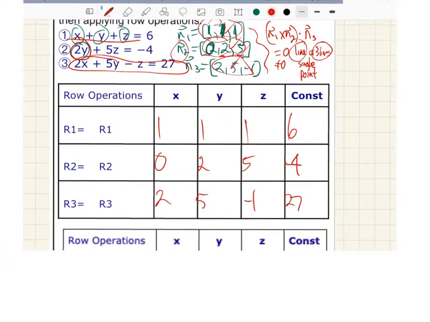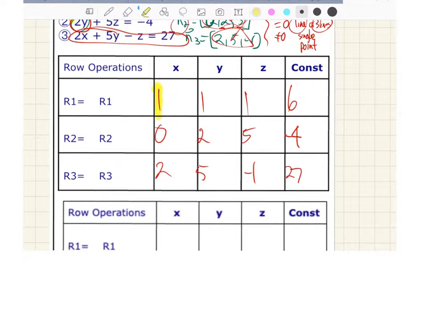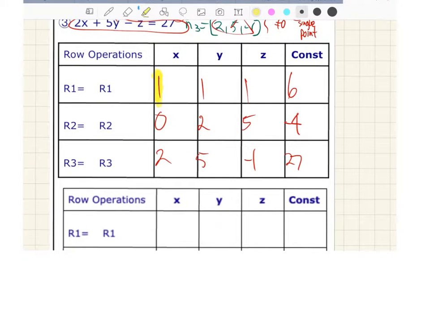Now I put those in directly as they are, but what I should have spoken about with you is the fact that you always want a 1, if possible, as the value in the first row, in the coefficient of x, because that allows you to do row operations a little bit easier. So our goal is to get zeros in this triangle.